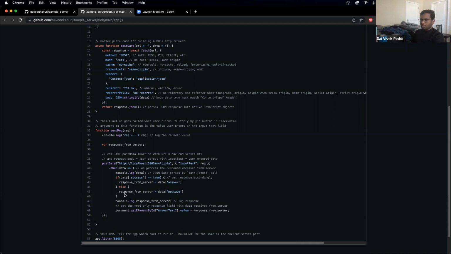And once you get the response from the server, that response will be displayed in this text box. So that is what's happening in this entire thing. You can also do a similar thing. Instead of sending a single request JSON, you can send a JSON with multiple key-value pairs to the server, and from there you can do the processing.